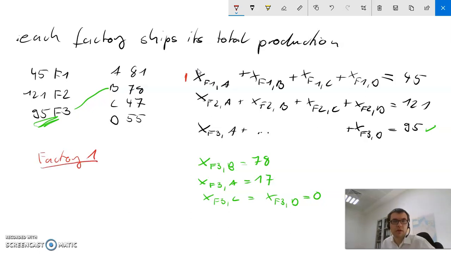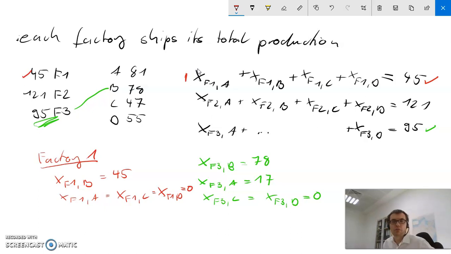We might have the following values of decision variables: X F1 to B equals 45, just as an example, and the other decision variables related with factory F1 are 0. Then we would fulfill this constraint. Nice. This would be done.